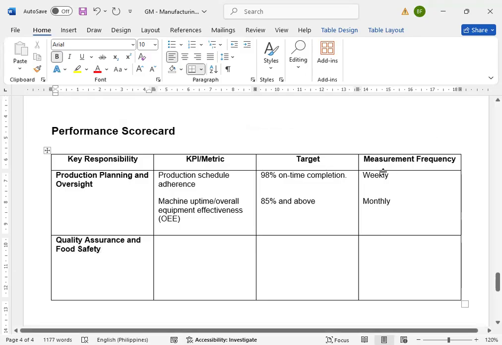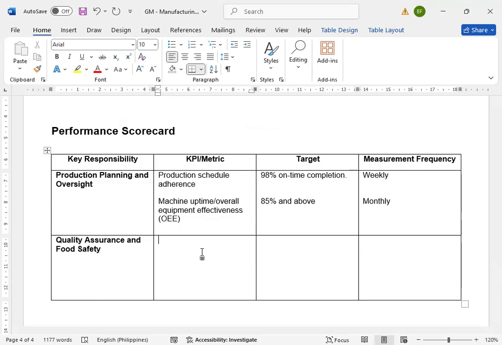All right, this is another important, essential key responsibility to make the general manager successful in doing the key responsibility of his job. So, what would be the KPI metric for this?